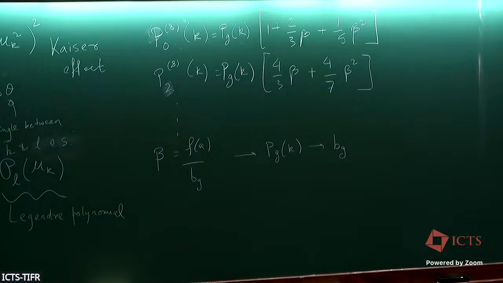There is another effect which also breaks the isotropy of the power spectrum, and introduces anisotropy along the line of sight. So let us try to understand how that happens. Suppose I give you, let us say, 4 galaxies.